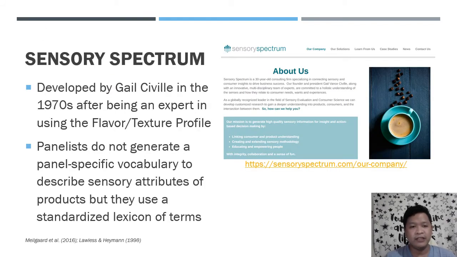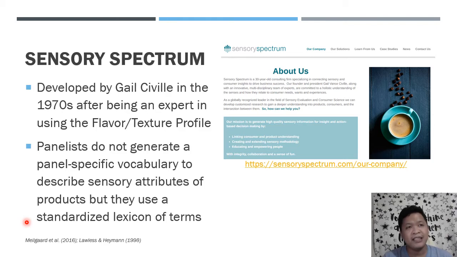So next we have the sensory spectrum developed in the 1970s by one of the other popular authors na sensory evaluation books. And this was developed by someone who was familiar with the flavor texture profile. So ang main difference nito is that there's no vocabulary na nanggagaling sa panelists, no? So predefined na more or less using a standardized lexicon yung terms na gagamitin.